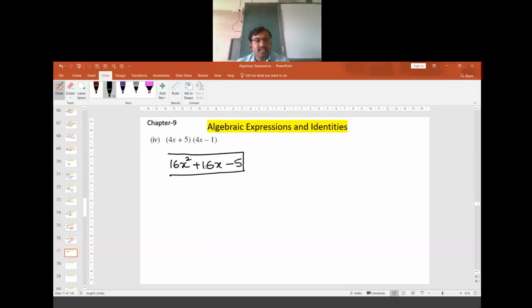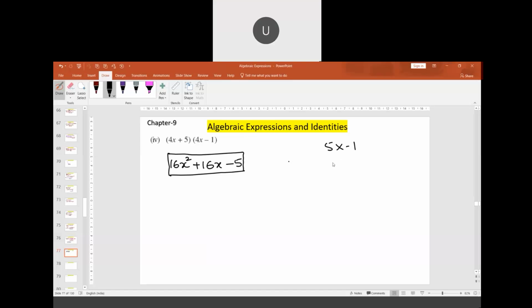Any other answer apart from this? The ab term is 5 into minus 1, which is minus 5.